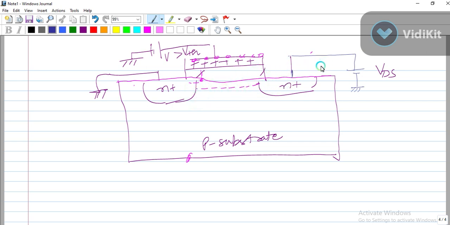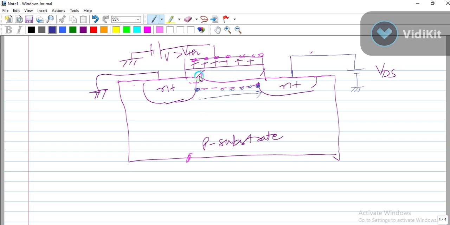Because of this VDS voltage, there will be more potential here as compared to here. The lowest potential will be there because of this VDS, and it will increase from here to here.